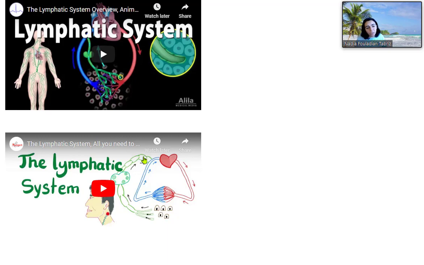All these small lymphatic vessels connect to each other, finally make the large lymphatic vessels, and then at the end, at the level of the subclavian veins, on both sides they pour into the subclavian veins.